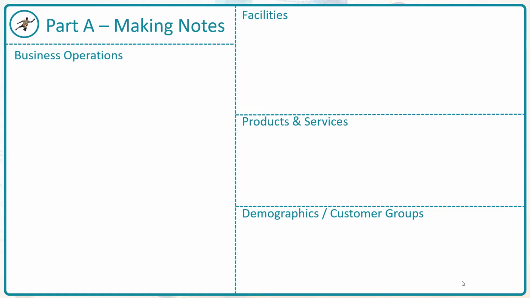Now, I must point out this is not exhaustive, and clearly it does depend upon the nature of the focus business. But generally speaking, these are the sorts of things that your students should be aiming to find information about. And we'll see that sometimes it's relatively straightforward, other times certain bits of information may be quite tricky.